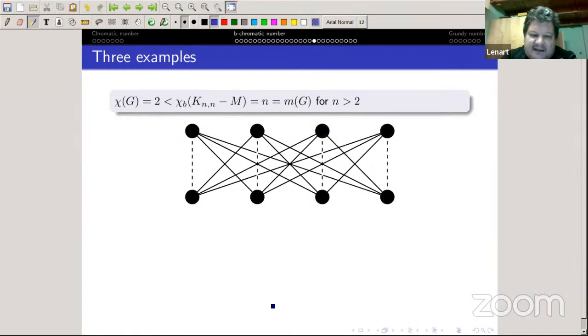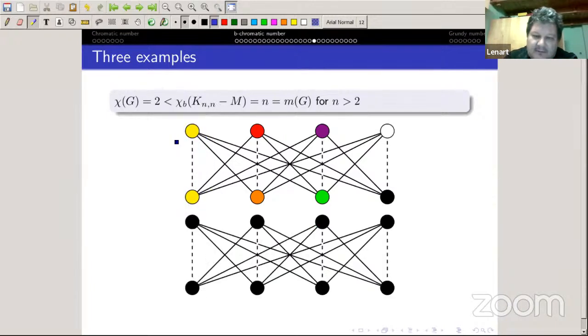But there is a very natural way, and I think you already know how to obtain more colors. So we have this yellow pair already here, but we can continue like that. This violet has no green neighbor because we have removed this edge, and it can be recolored green.